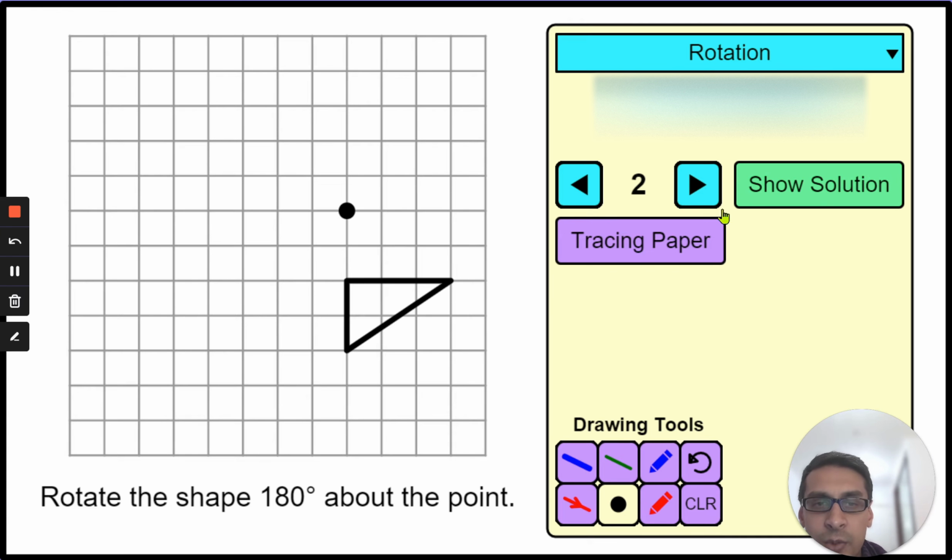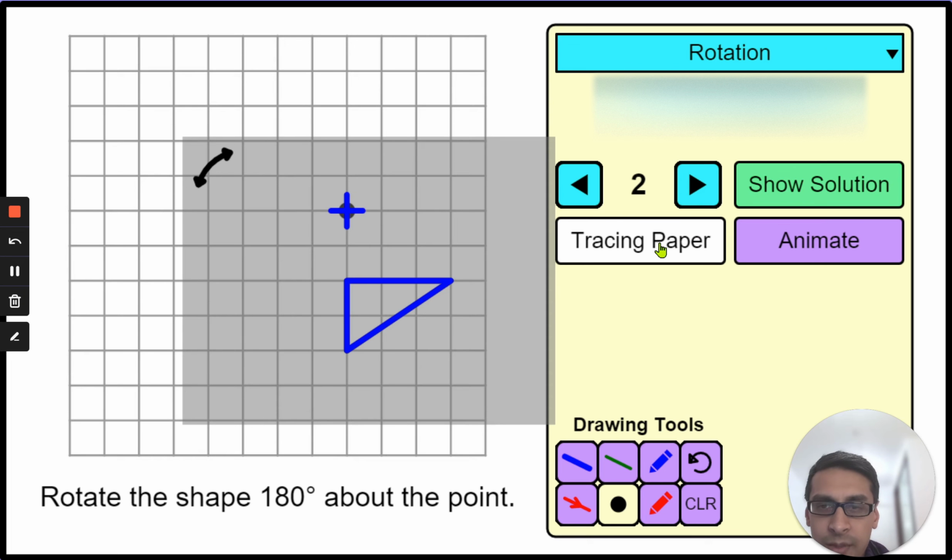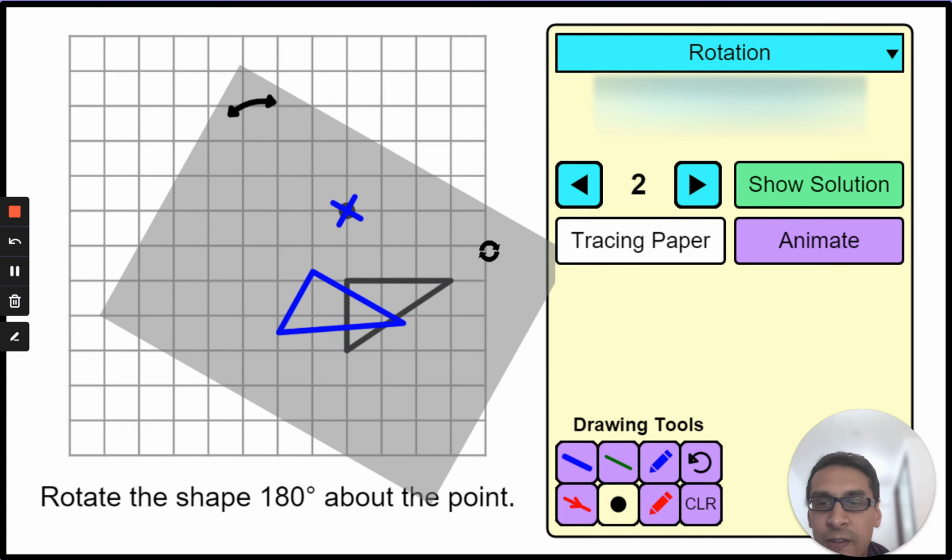So in this case, first thing you want to do is, on the tracing paper, draw your shape out. Now in your head, I want you to say stop when you think I should stop rotating the paper, because I'm now going to rotate it 180 degrees. Notice it doesn't tell me clockwise or anti-clockwise, because we're going to get the same answer. It doesn't matter which way I go, but you need to say in your head, when should I be stopping?